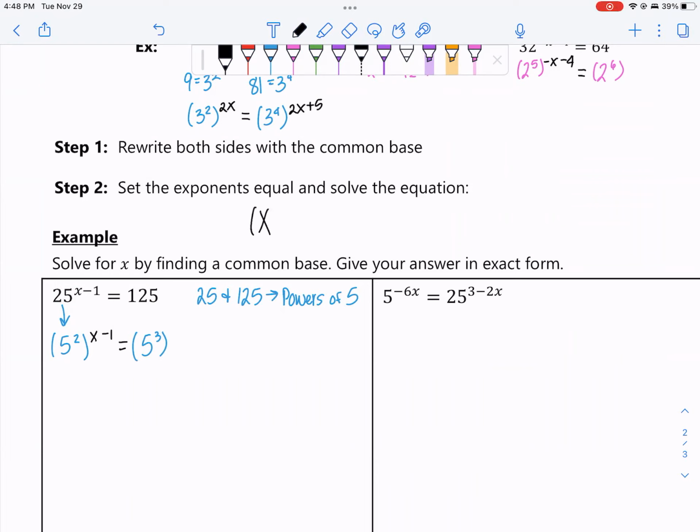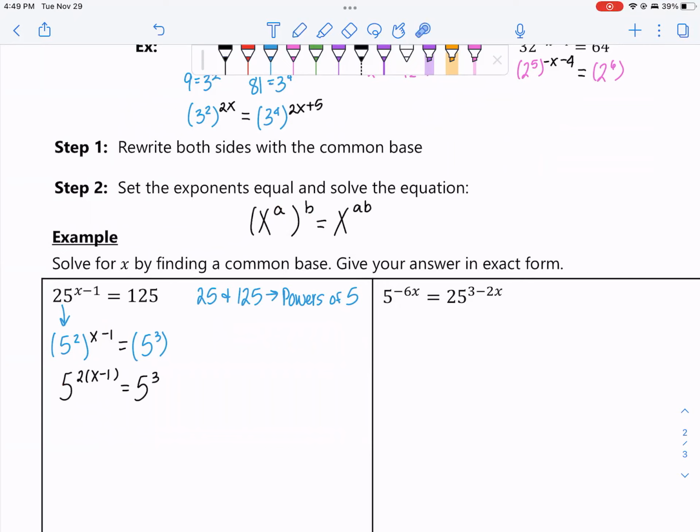So if you have x to the a being raised to the b, that's an exponent on the inside of a parenthesis, and then on the outside, you can multiply those exponents together. So you have x raised to the a times b. So I will combine these together. This is 5 raised to the 2 times x minus 1.